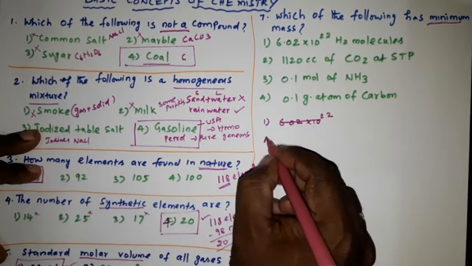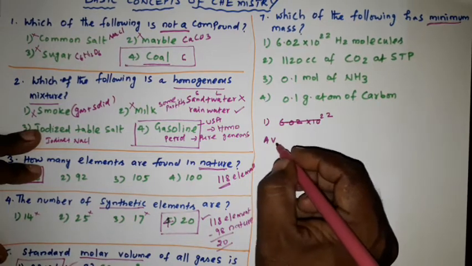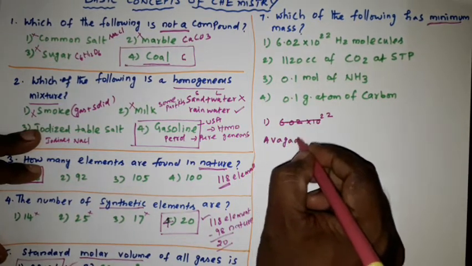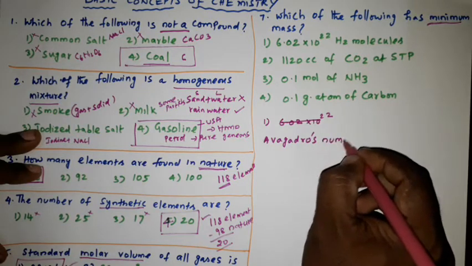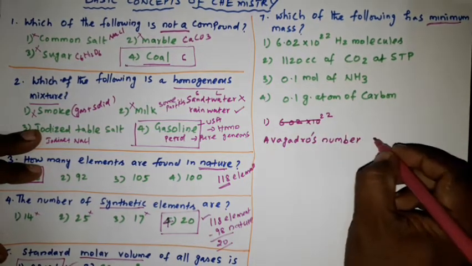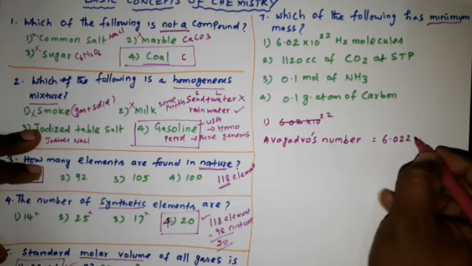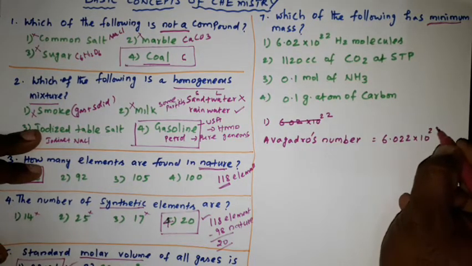Avogadro's number, you know, is 6.022 into 10 power 23.